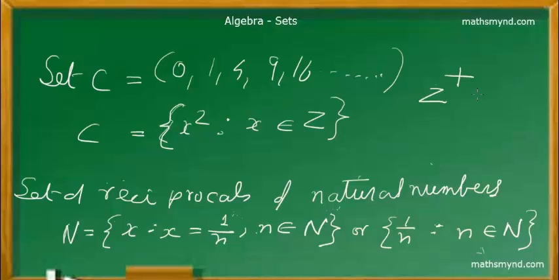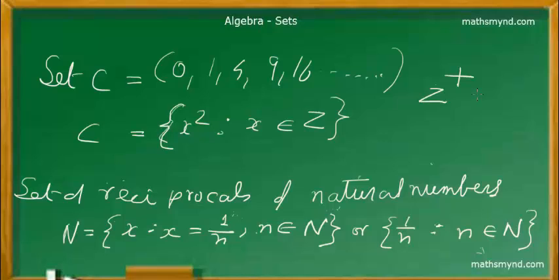And to finish off the discussion of this particular section, what about a set of reciprocals of natural numbers? Now, reciprocal means if you are dealing with the number n, reciprocal means 1 by n. So here you have to highlight that particular character. So I denote it as capital N, and I have to point out that capital N, I choose N. It doesn't necessarily mean that as it is, because we are dealing with natural numbers.